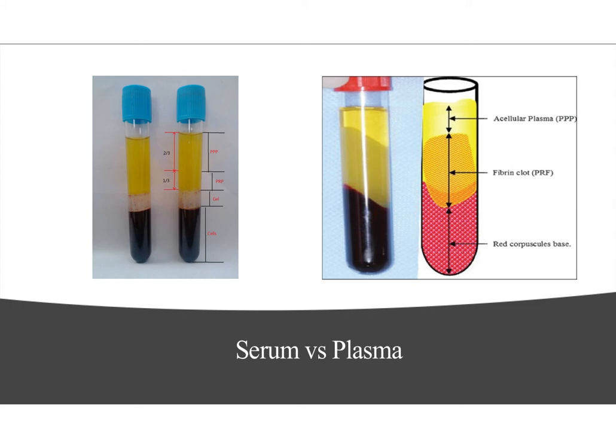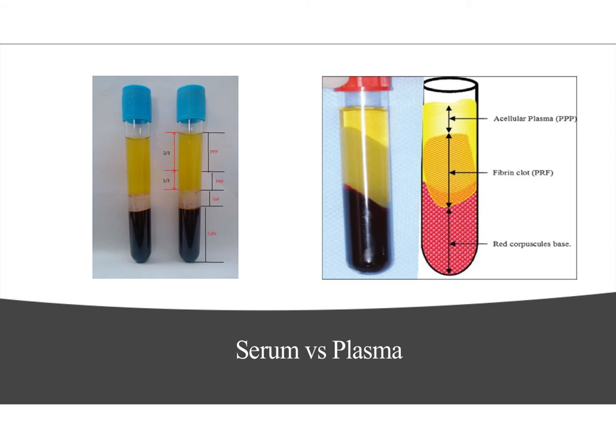All right, here we go. So if you look at this, can you tell this apart? They both look similar in color, right? But they're not. This is a whole blood specimen. I know that because I know that the blue top contains an anticoagulant, which is a chemical that keeps the blood from clotting.